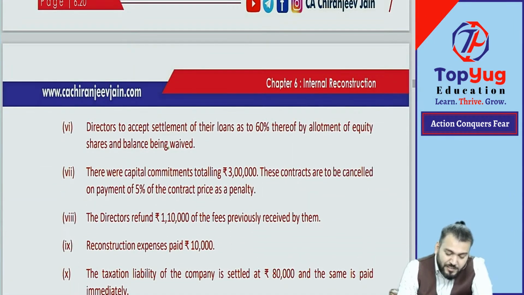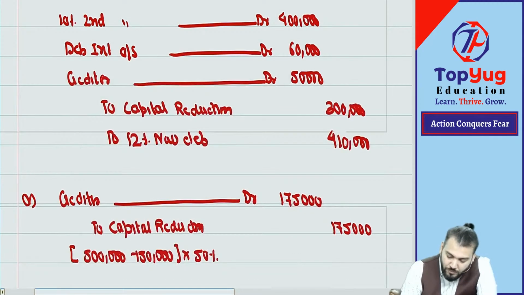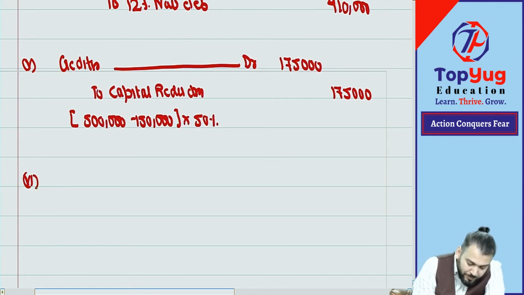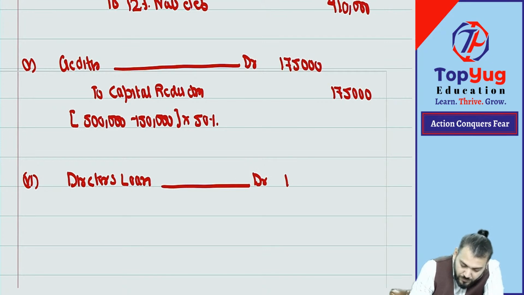Okay. Then, next point. The directors agree to accept settlement of their loan as to 60% thereof by allotment of equity shares and the balance being waived. Similar transaction we have done in the previous question also. So the directors' loan, what is the amount? 1 lakh. 60% equity shares. We will do point number 6. Directors' loan account debit how much? 1 lakh.